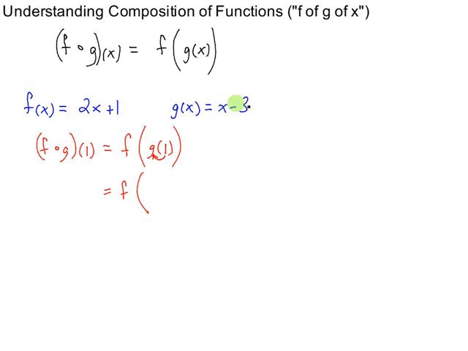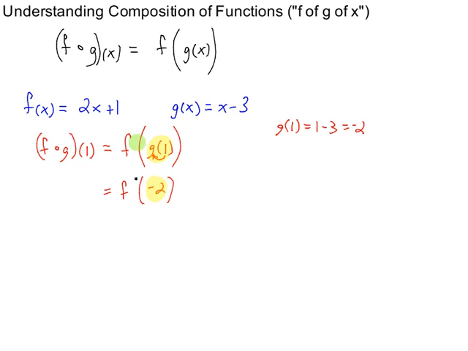G of 1 is 1 minus 3. Right? Or if you wanted, we could do that off to the side. We could say g of 1 is 1 minus 3, which is negative 2. So I'm going to replace g of 1 with negative 2. Right? This whole thing, g of 1, is negative 2.